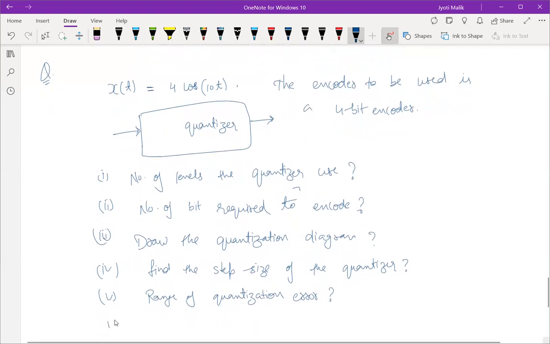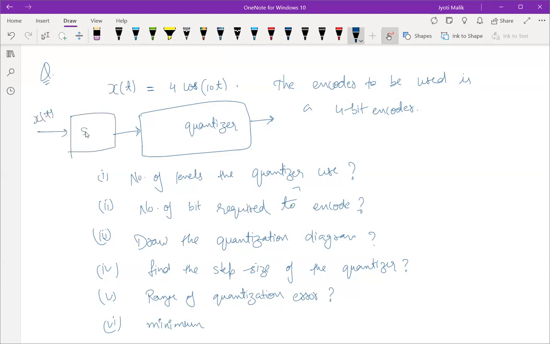Also, you can find out the minimum sampling rate. Before the quantization, at what minimum sampling rate should the signal be sampled? So here x(t) is applied. It will go through sampling and then quantization. Just give it a try.